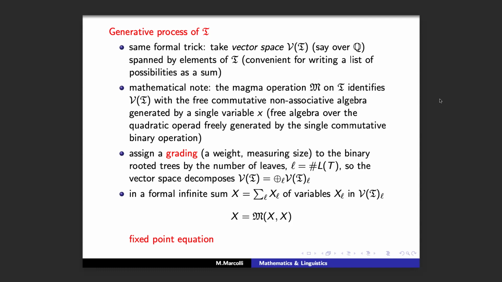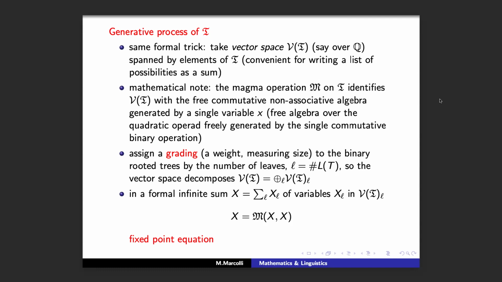In particular, if you do it on a magma, this vector space will have the structure of a commutative and non-associative algebra coming from the magma, which is not so important, because I will talk about a different kind of algebra structure in a moment.